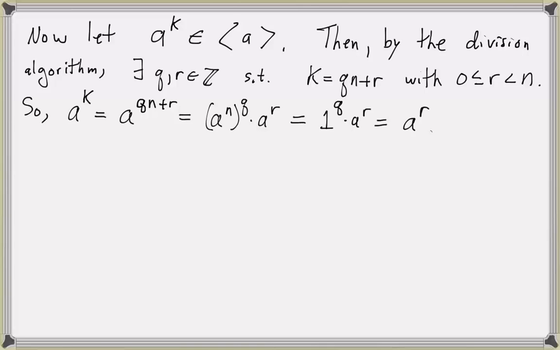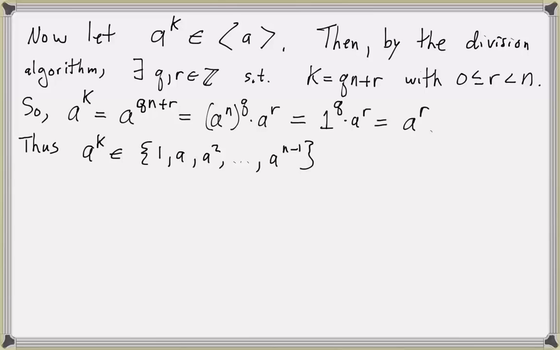So we see that we can write any power of a, a to the k, as one of the elements of the set {1, a, up to a to the n minus 1}.